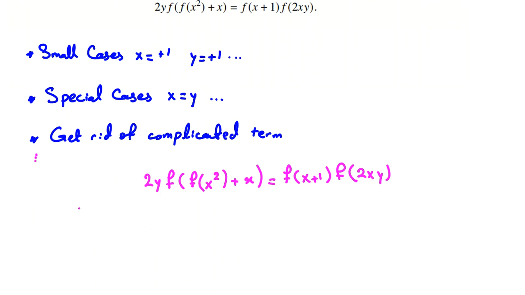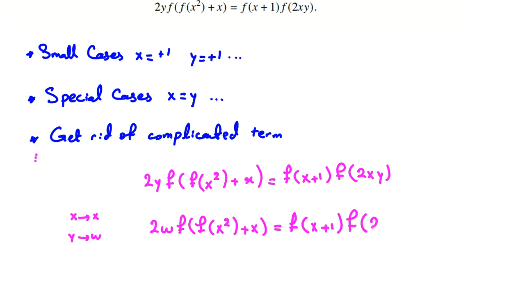Instead of y, we consider x equal to x, y equal to w. So it will be 2w f of (x squared plus x), and w also is a positive integer, equals f of (x plus 1) times f of (2xw).